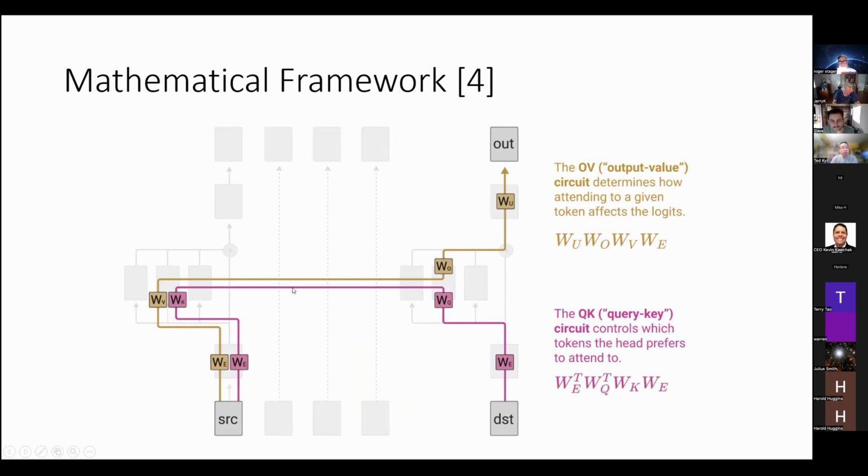They can only do their job of forming the attention pattern, which can be at most one for any token position. It could be spread out. It could be a quarter, quarter, quarter, quarter on four different tokens, but they have to sum to one, and the Q and the K will combine to determine that pattern. But it's really only the O and the V matrices that determine the actual values that get copied.